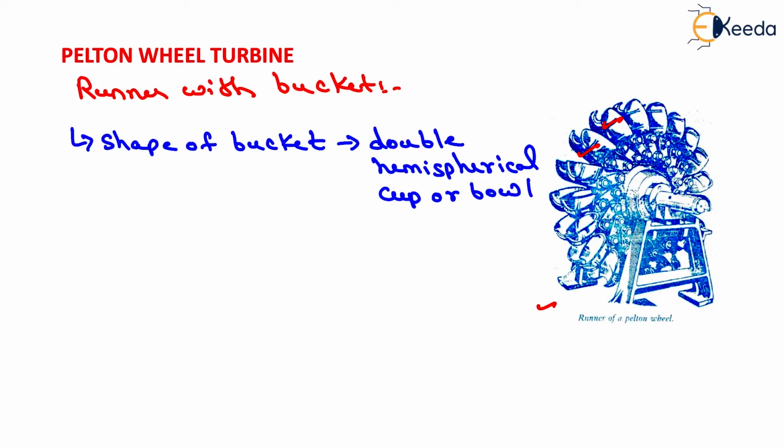The jet of water strikes on the splitter. The splitter divides the jet into two equal parts and the jet comes out at the outer edge of the bucket. The buckets are shaped in such a way that the jet gets deflected through 160 degrees or 170 degrees.